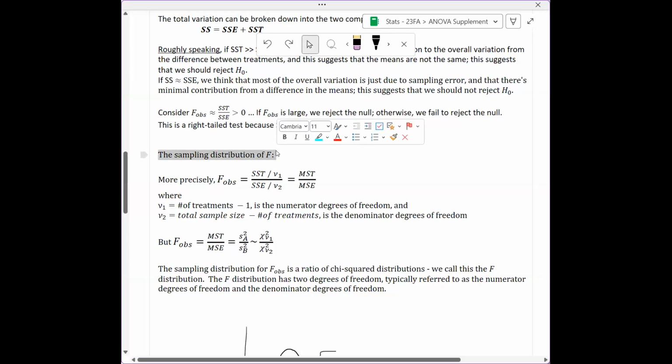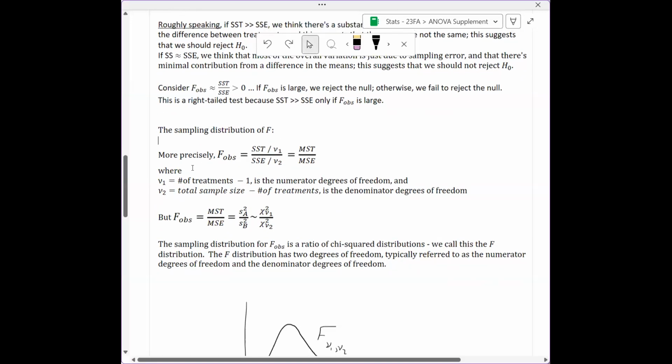So what is the sampling distribution of F? F observed we can write as, again, this was kind of a rough equals here, but really it's SST over something we call nu1, the Greek letter nu, over SSE over nu2.